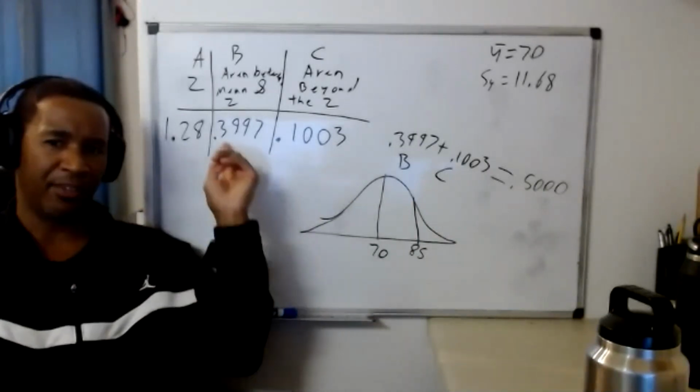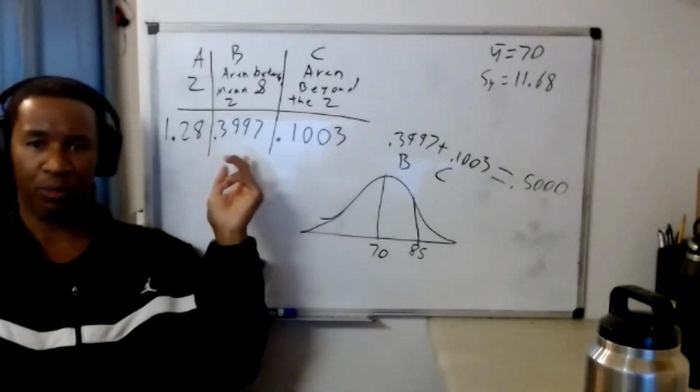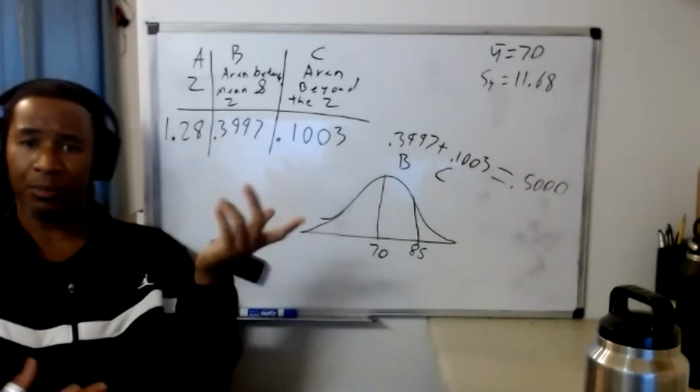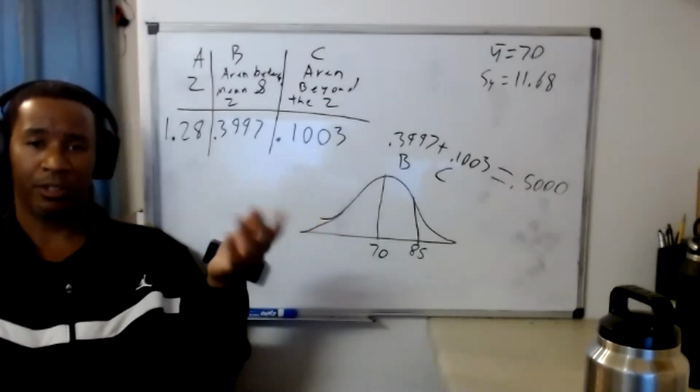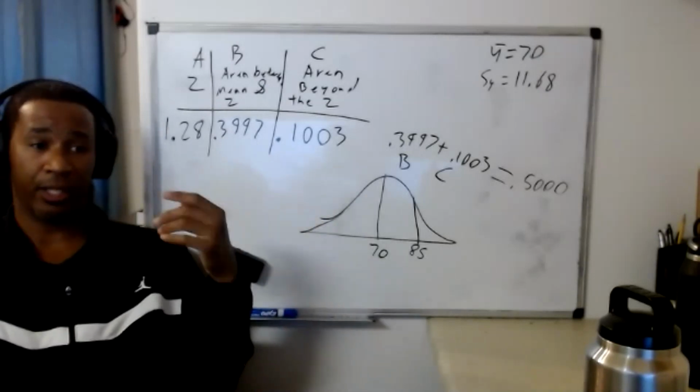So there's no reason to have a negative 1.28, because the B column would still show 0.3997 and the C column would still show 0.1003. There's no point in replicating that.